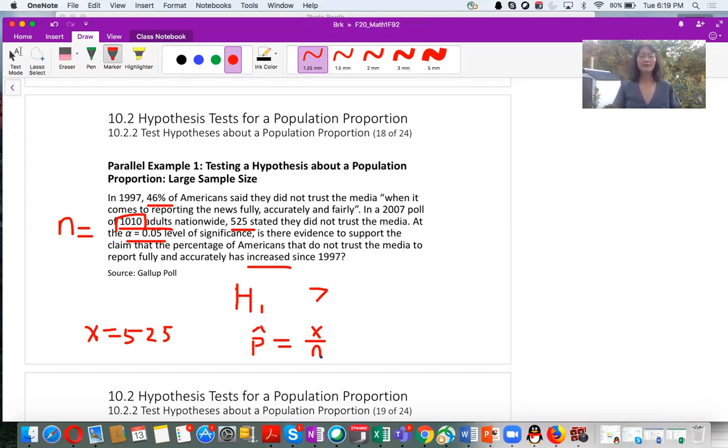After that, you can use the classical approach or the p-value approach, 5 steps. This is a very typical example of a hypothesis test for population proportion. Make sure you fully understand this question.